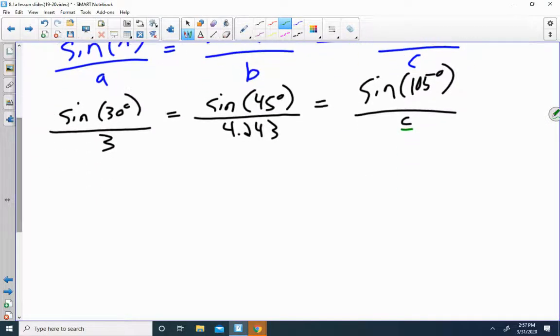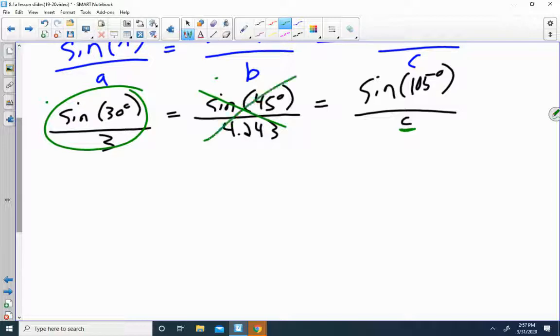Now, some of you probably realized by now that I don't really need all three sine parts to just find c. I only need one of these to help me figure it out, because then you can just cross multiply and be done. And I'm going to choose to keep the sine of A over little a. If you choose to keep the sine of B over little b, go ahead.